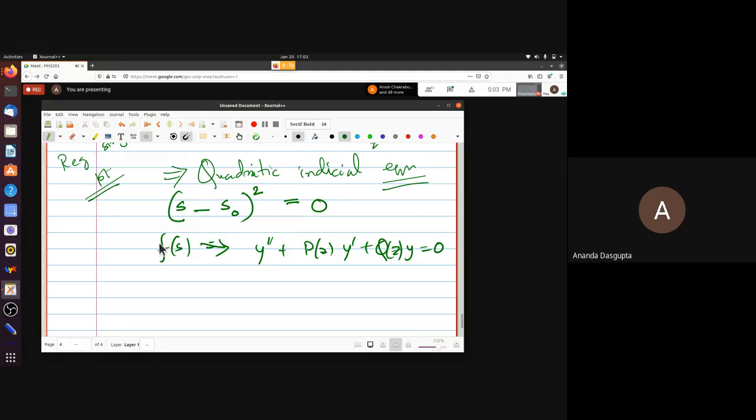But if you put in f of s with every subsequent coefficient dependent on s, because you have not put in s equal to s0, then can anybody tell me what y double prime plus p(z) y prime plus q(z) y will lead to? That will not be 0, right? Because to be 0, all coefficients must have given you 0.